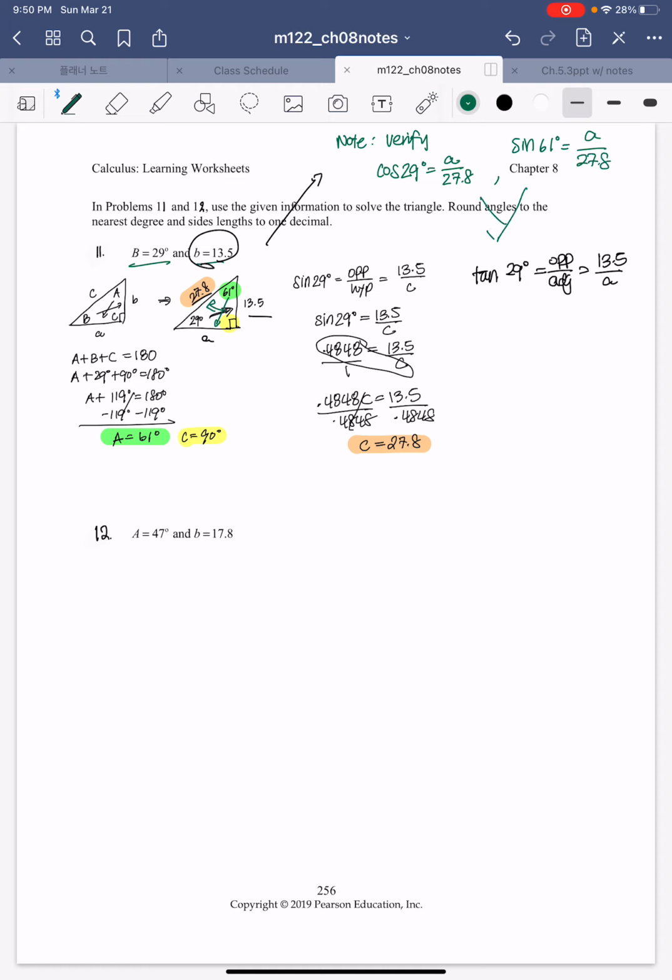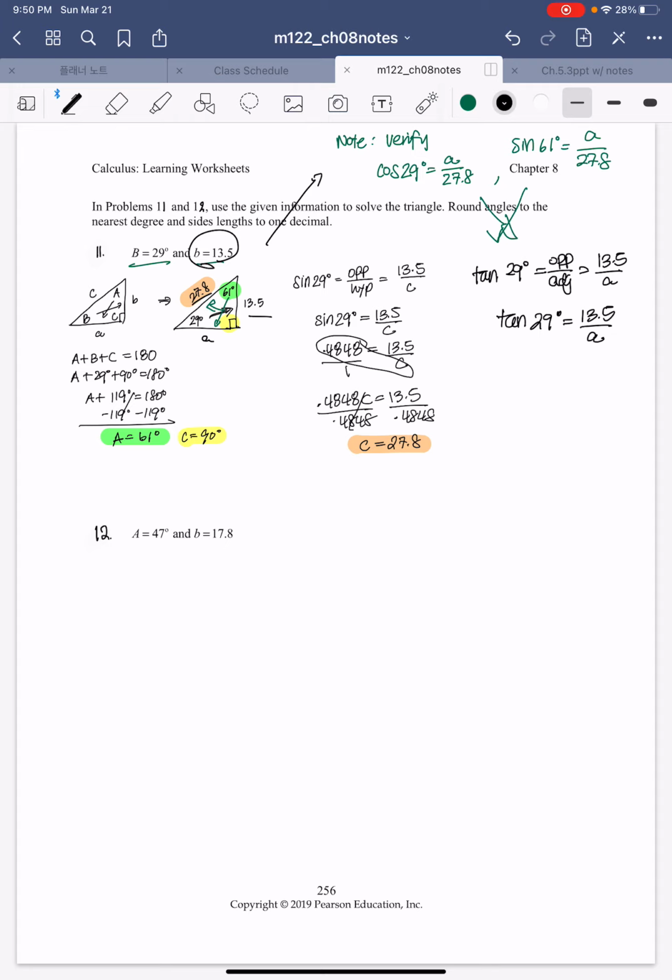You're going to get the same answer as this. So you have lots of choices, but I'll just stick to the original one. So I have tangent of 29 degrees equals 13.5 over A.